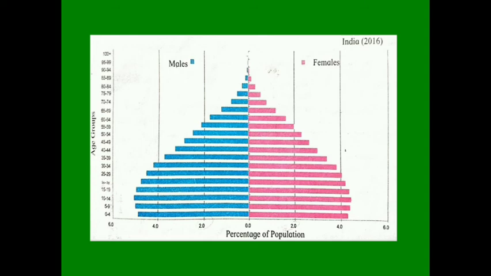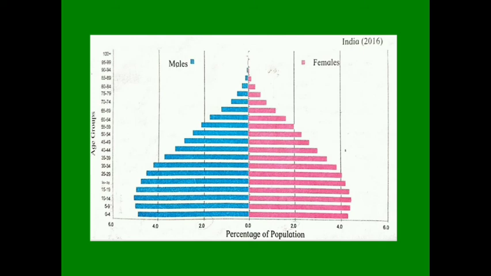So, we can say that India's young age group population is the highest in the world. In the near future, India will be the largest workforce supplier in the world. Means wherever we need workforce in the world, India will be the supplier.